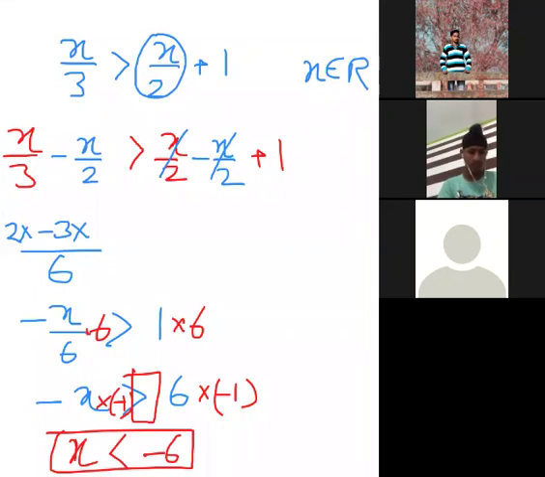Try to understand, whenever we will multiply both the sides with -1, inequality symbol will reverse. So x is less than minus 6.